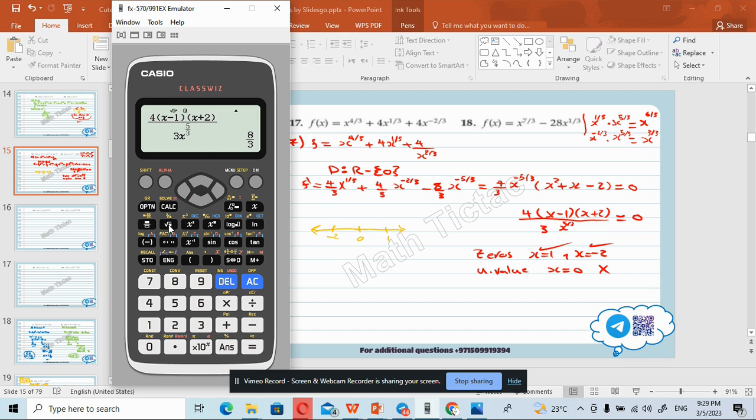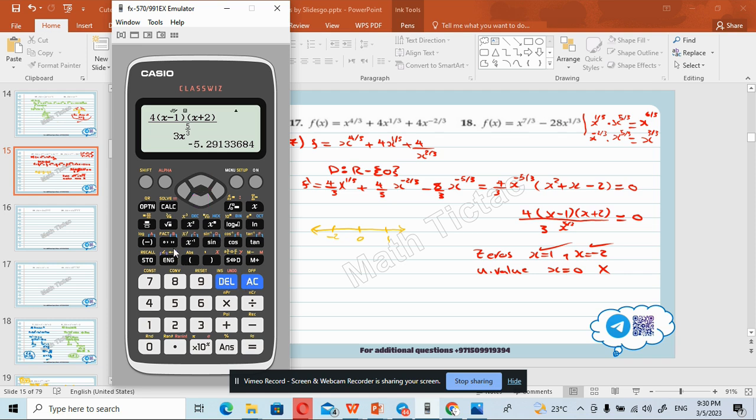Okay, so let's calculate it in another value greater than 0. Let's say 1. No, no, not 1. It's between 0 and 1, 0.5. That will give me a negative value. So negative, positive, negative.